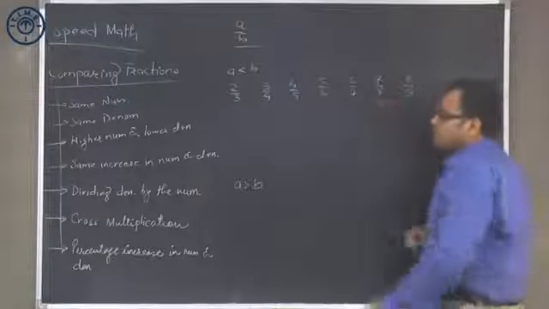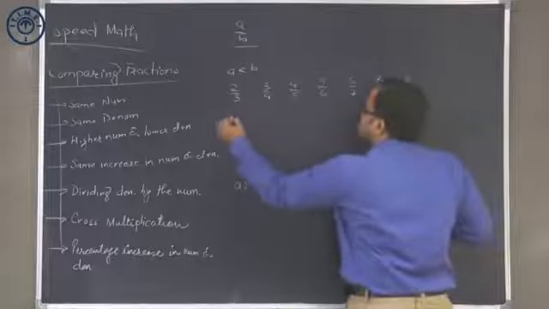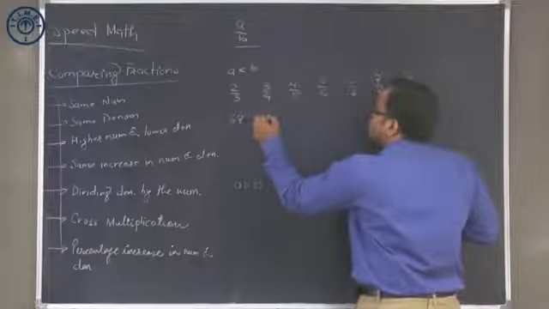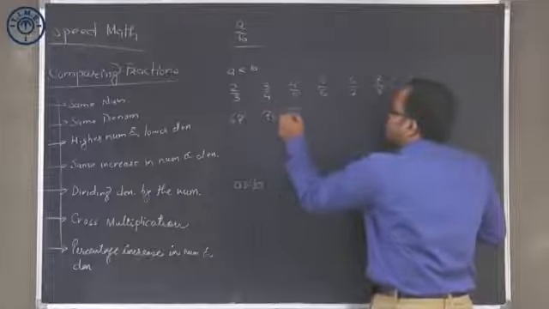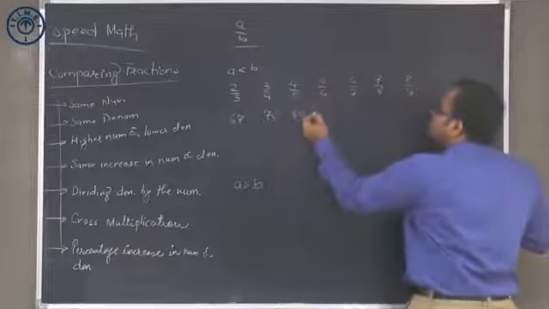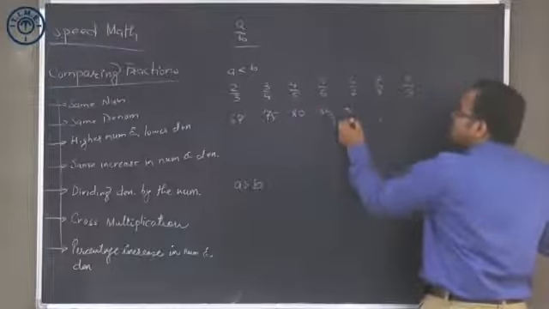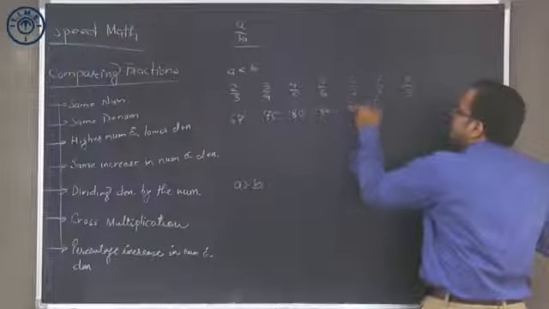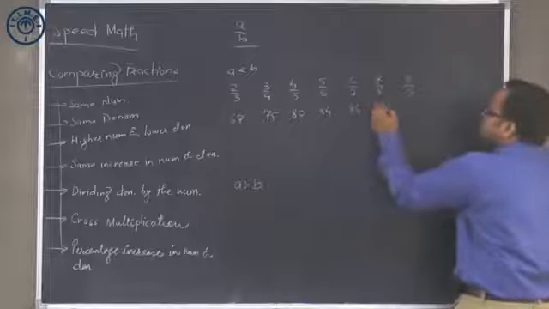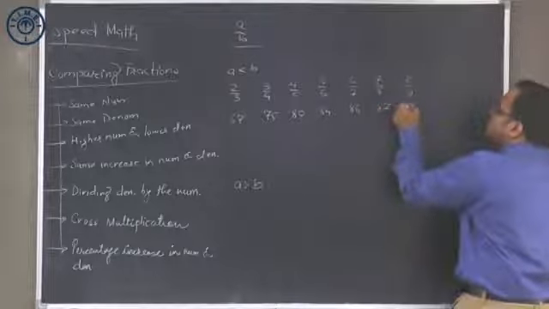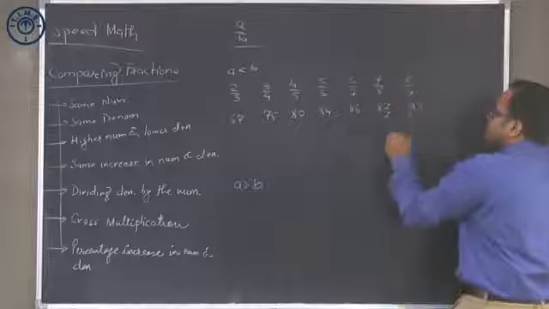Let's look at these. 2 upon 3 is 0.67, 3 upon 4 is 0.75, 4 upon 5 is 0.80, 5 upon 6 is 0.84, 6 upon 7 is 0.86, 7 upon 8 is 0.87, 8 upon 9 is 0.89.